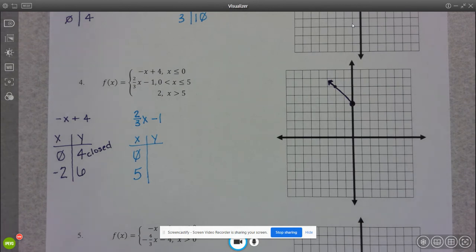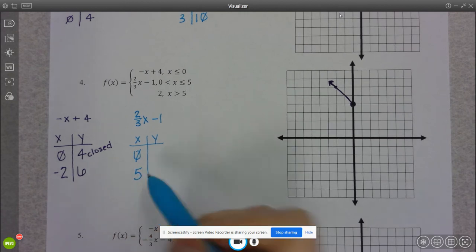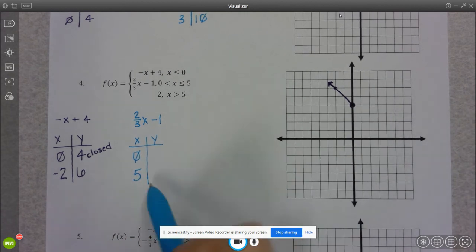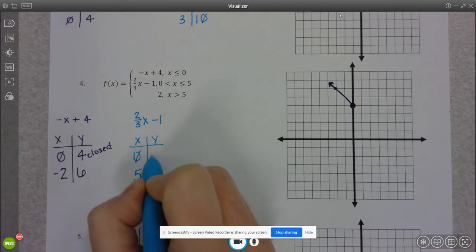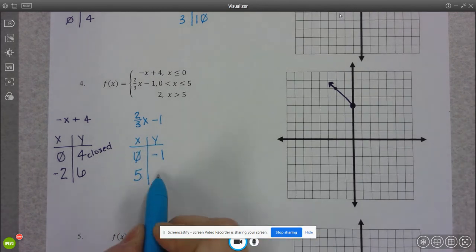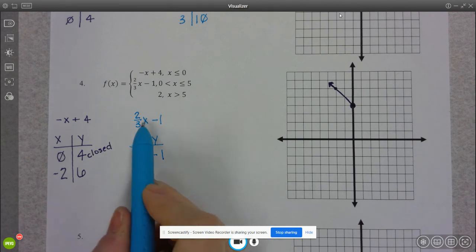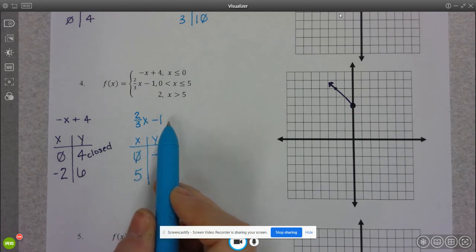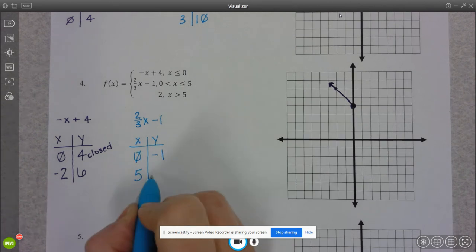So I'm going to go ahead and find these y values. Totally do this with your calculator if you want. This first one's not that bad. This one, when I do 5 times 2/3, I get 10/3 minus 1. So this ends up being 2 1/3.